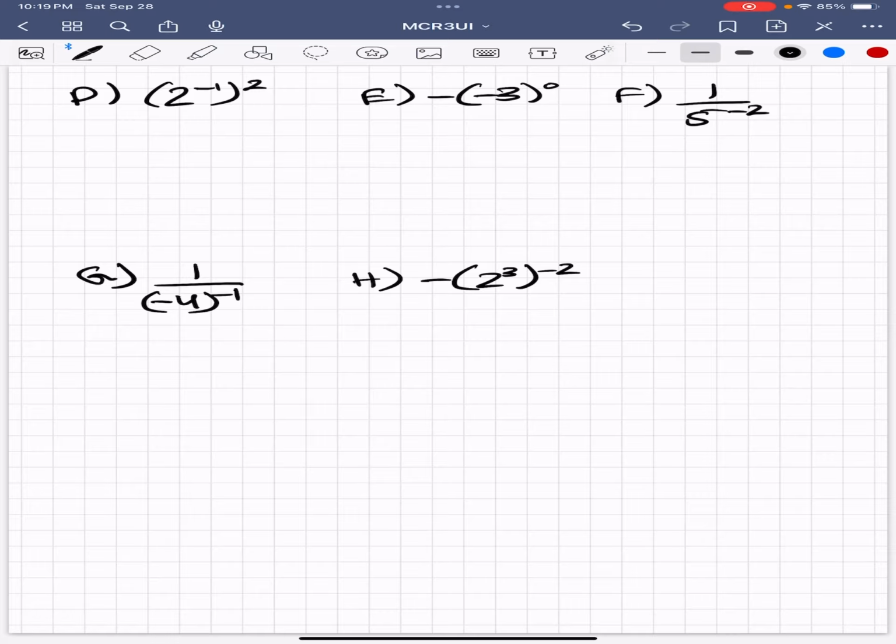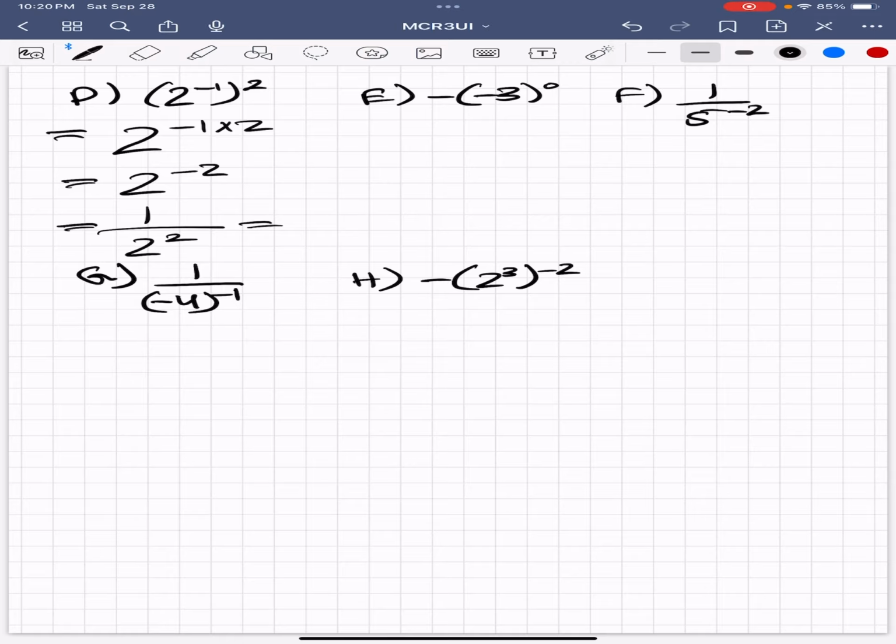Okay, so we have power of a power, exponent law number 3, for D. So 2 to the power of -1 times 2, 2 to the power of -2, 1 over 2 squared, 1 over 4.